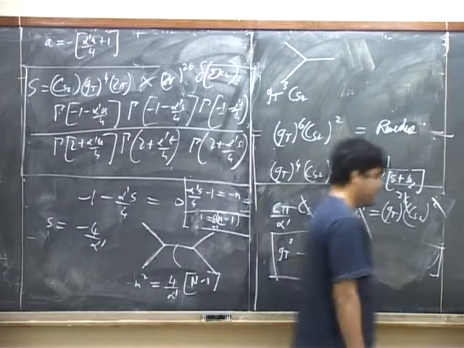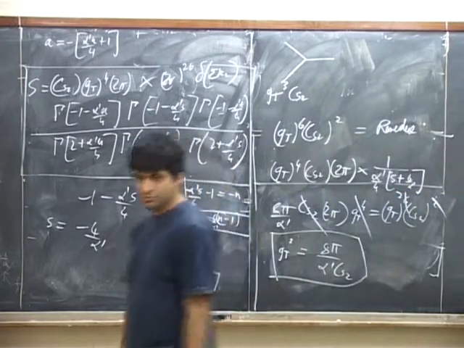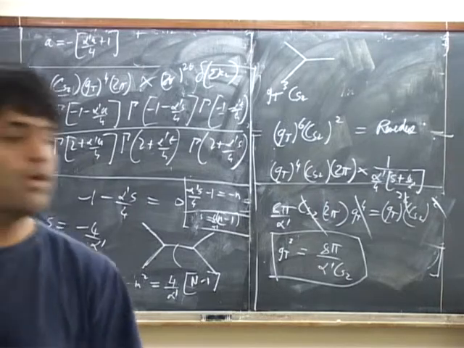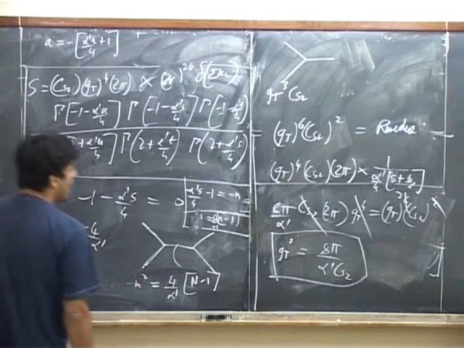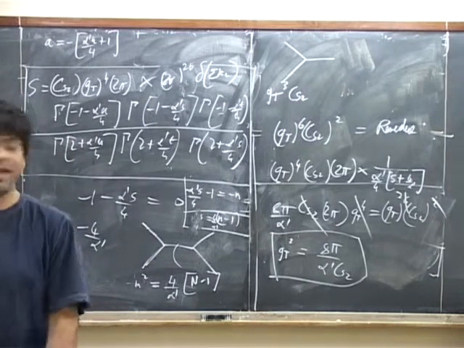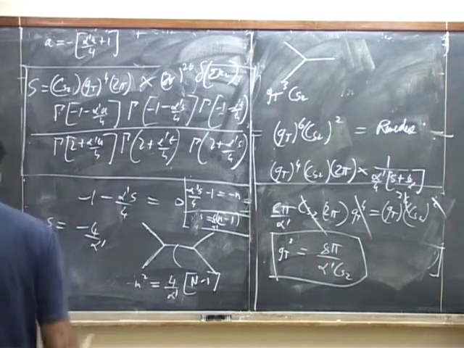Okay. Now that we have what GT squared is in terms of CS2, let's go back and look at our 3-point function calculation involving one graviton and 2 tachyons, and see what we can say about the normalization.